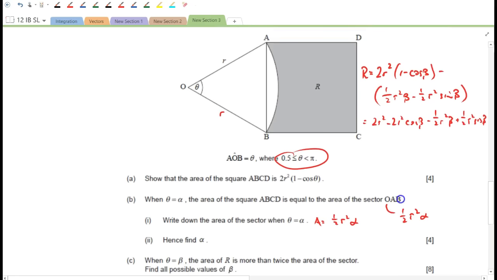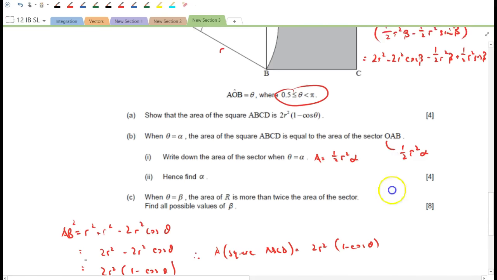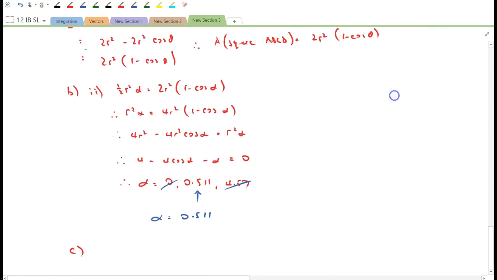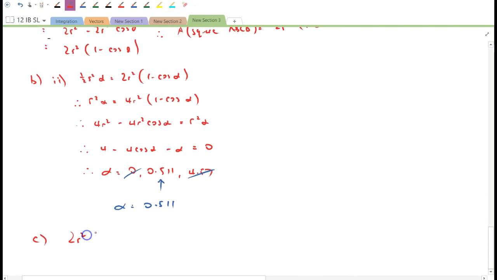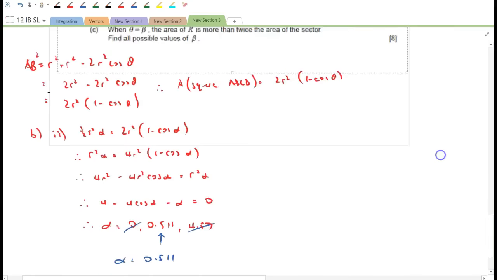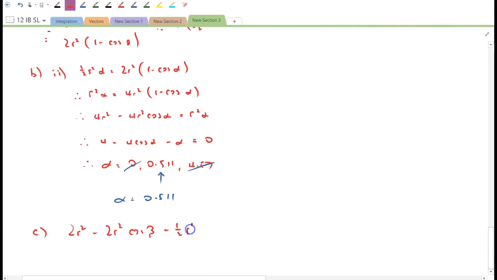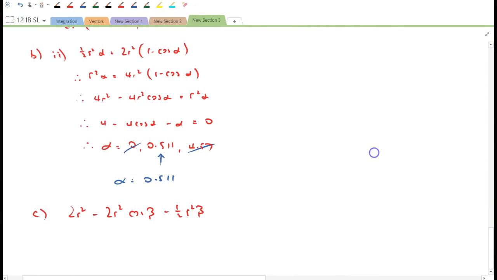Remember, the sector area is just a half r squared beta. So we write this all down: 2r squared minus 2r squared cos beta minus a half r squared beta plus a half r squared sine beta.